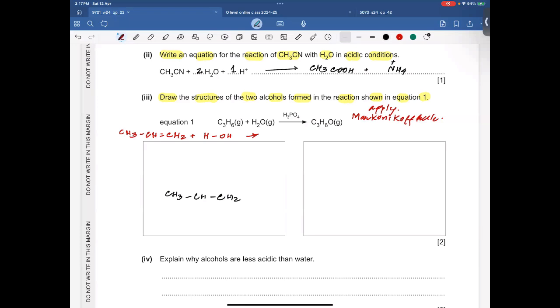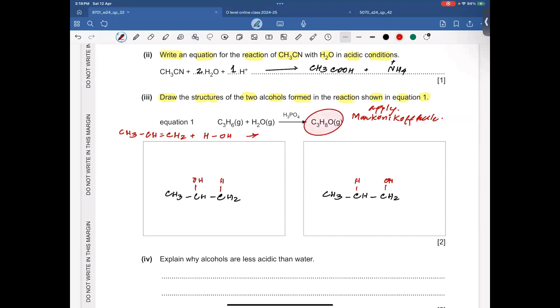First possibility is that the H of steam is added here and OH is added here. Second possibility is, keep CH3, CH, CH2 as it is. Second possibility is that H is added here, OH is added here. All right. So these are the 2 isomers of this alcohol.